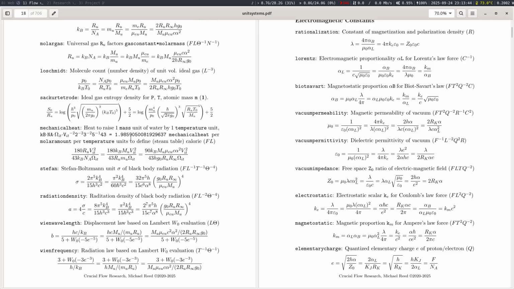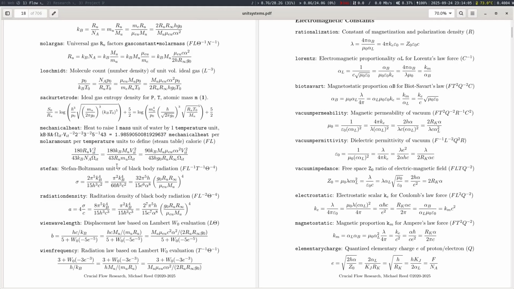Yeah, and then this one was just the mechanical heat constant. This one was a very tricky one, because it required the international unit system for the steam table conventions.